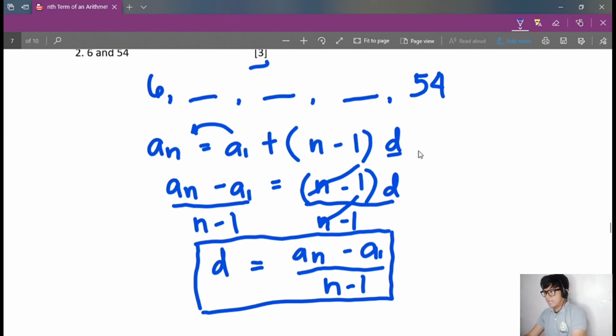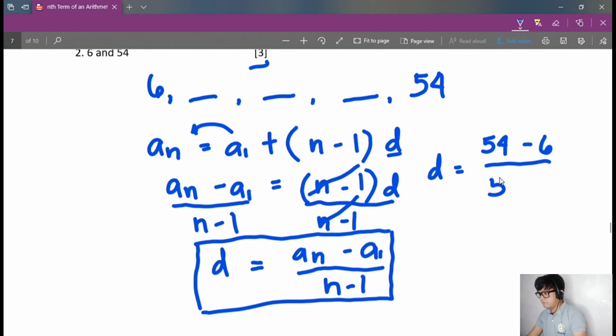So, dali na lang. So, we have the common difference is d is equal to a sub n natin, which is the last term, 54, minus first term natin is 6 over yung n natin, ilang terms lahat. So, there are 1, 2, 3, 4, 5.